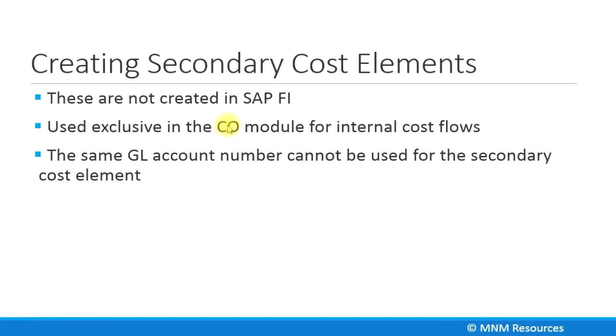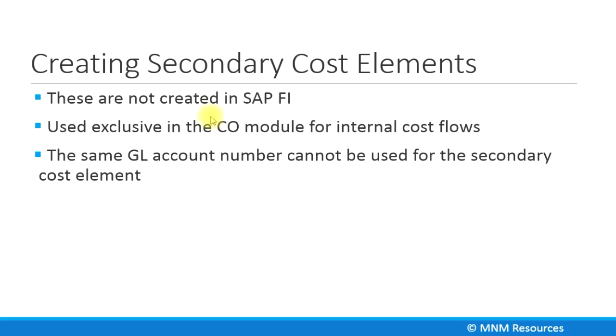Now secondary cost elements are not created in the SAP FI module. Now we saw earlier in our slide, for primary cost elements, the revenue and expense accounts are created in the FI module. Then you create the primary cost elements in the SAP CO module, and they have a direct link between the FI and CO module because you use the same ID of that GL account as a cost element ID as well.